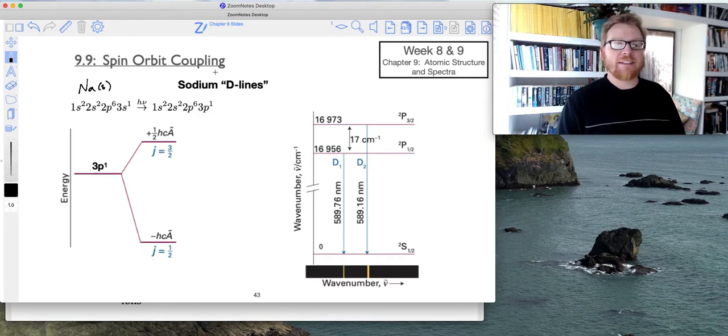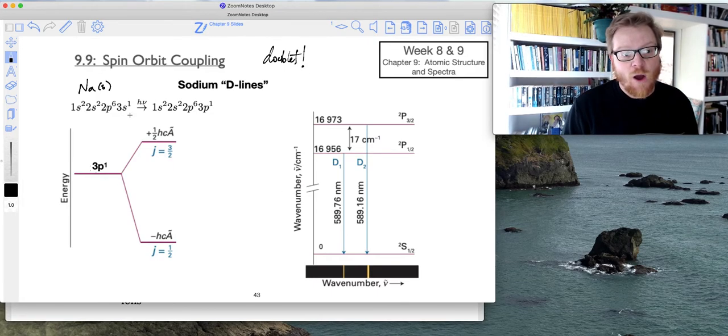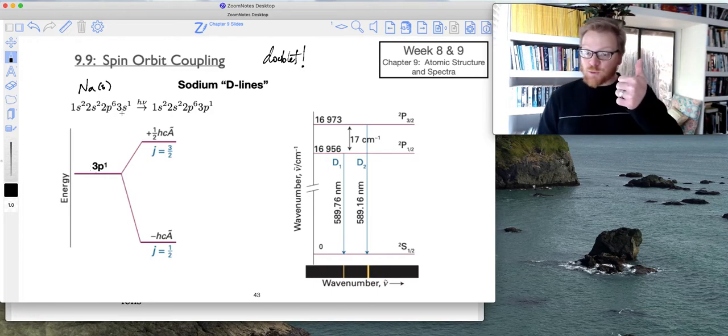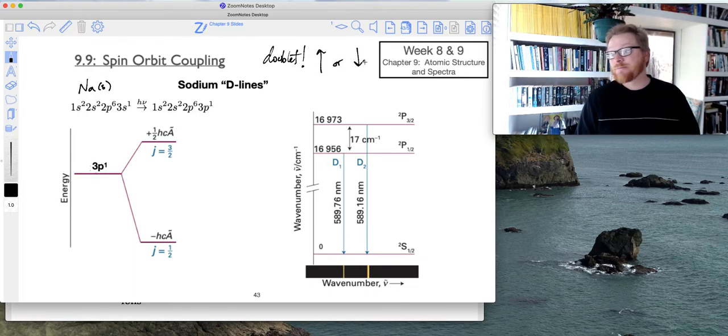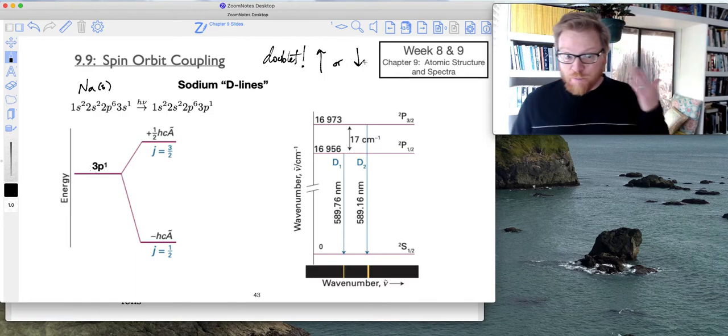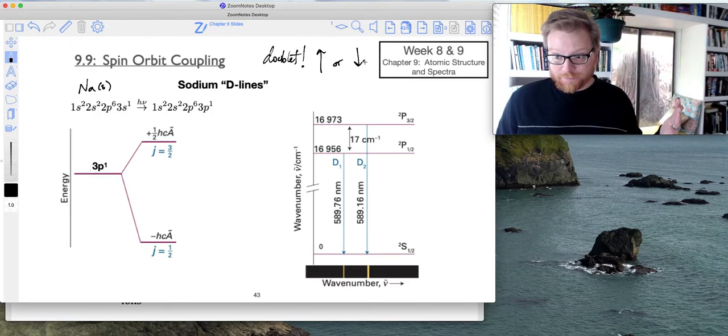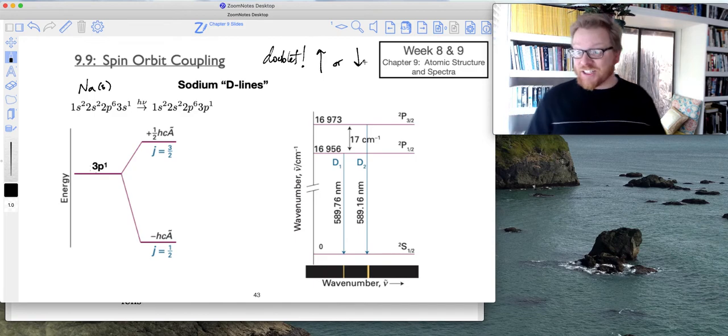This creates a doublet. The reason this is a doublet state is because we've got this 3s1, there's one unpaired electron, and that electron can be spin up or spin down, and we don't know which is which. Both are acceptable. So that makes the doublet state.